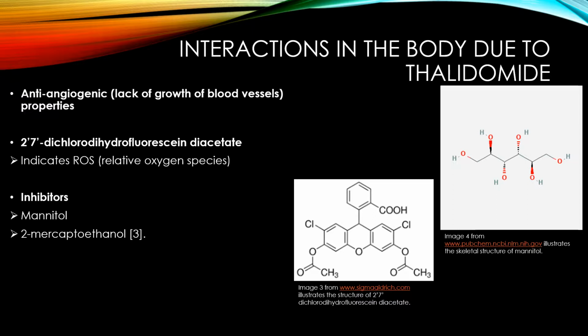Thalidomide's effect can be inhibited by either mannitol or 2-mercaptoethanol, which are classified as hydroxyl radical scavengers. This means that they protect the cells in the body and thus allow an increased number of blood vessels to develop in embryos.